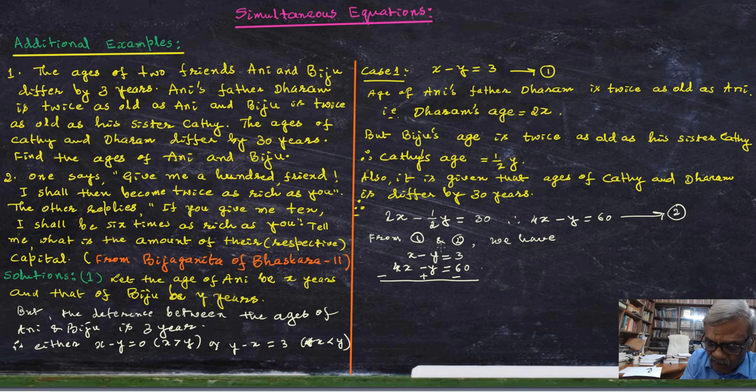That is, y is going to get cancelled, and this is minus 3x equal to minus 57. Therefore, 3x is equal to 57, and this implies x is equal to 57 by 3 equal to 19. X is 19.